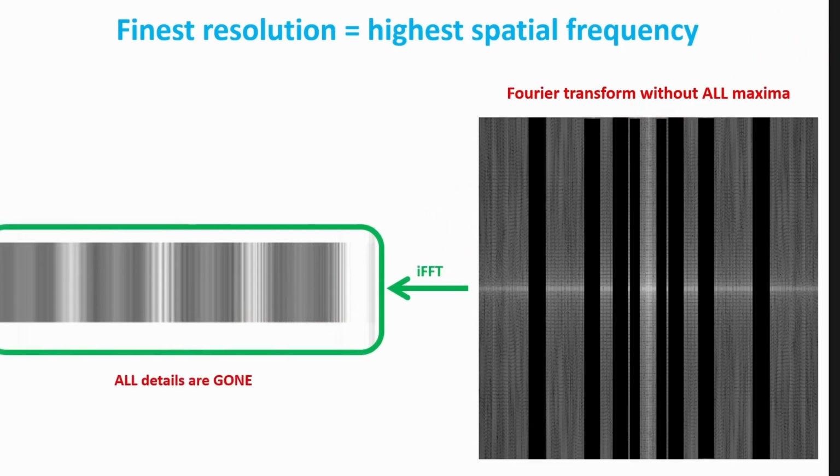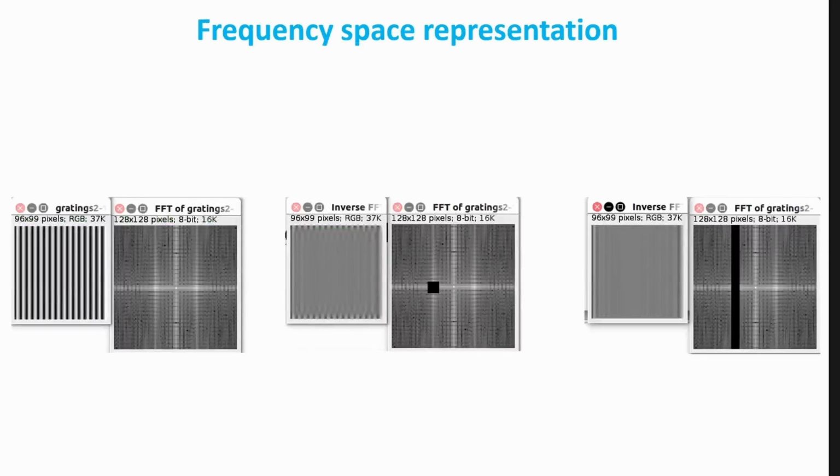So this means that if my microscope does not let this entire range through, then the high frequencies I will not see. Which means that by eliminating, for example, this peak, I will get rid of this frequency and anything higher.